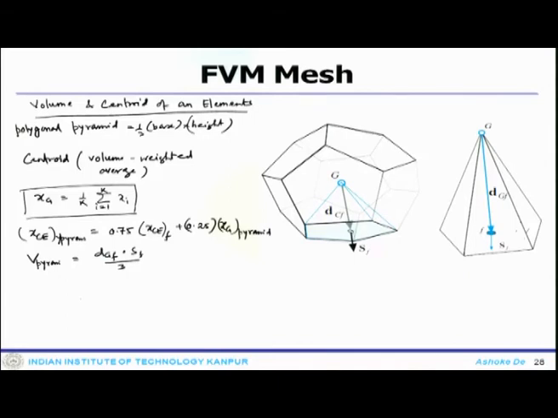This is essentially the surface vector, and from here this is the distance vector, and you get the volume of the pyramid.